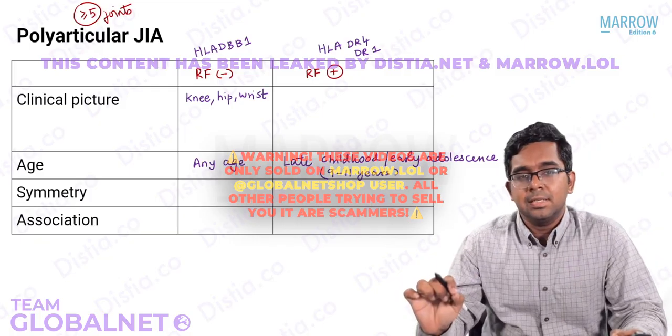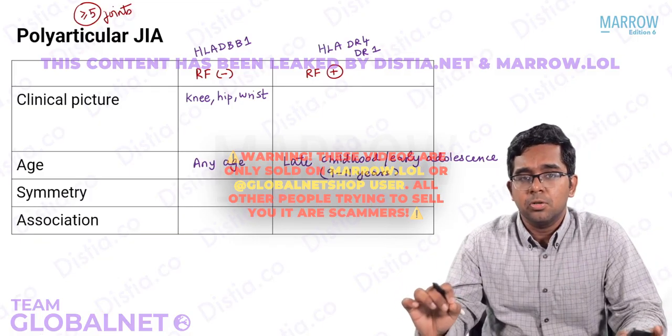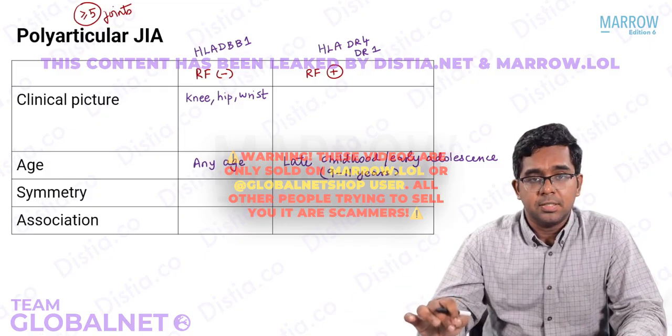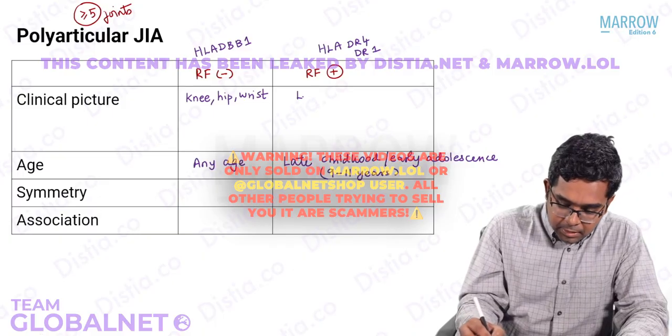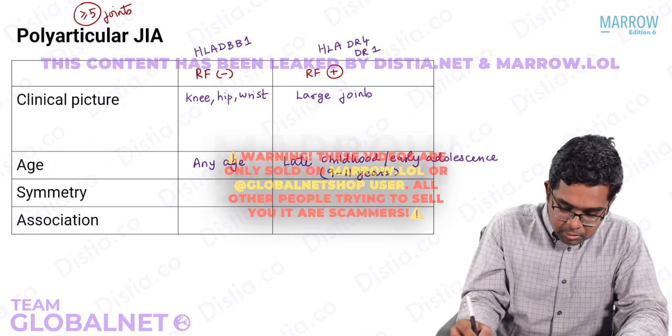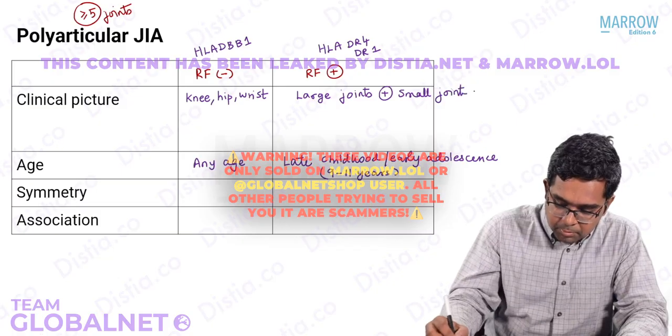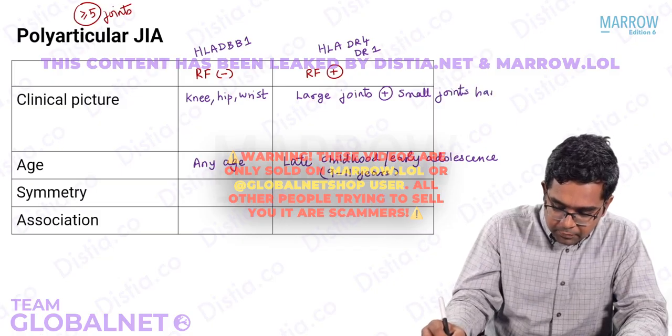Usually, there is a lesser tendency to involve the small joints of the hands and feet. Whereas for rheumatoid factor positivity, you again have the large joints affected, but in addition to the large joints, you can also have involvement of small joints of the hands and feet. Very important, small joints of the hands and feet are affected.